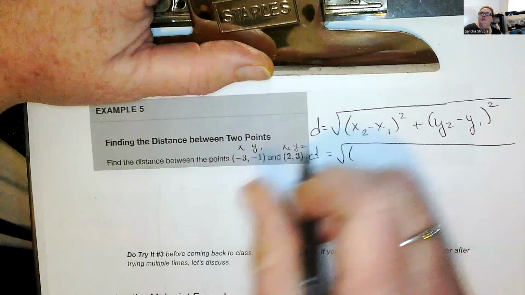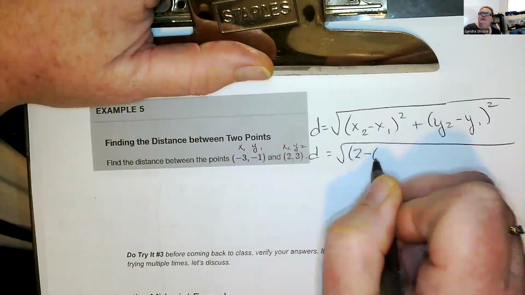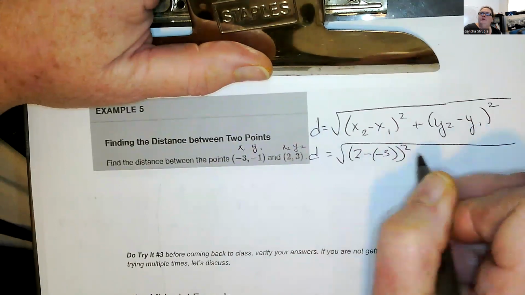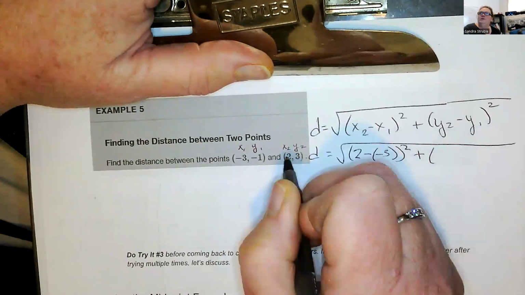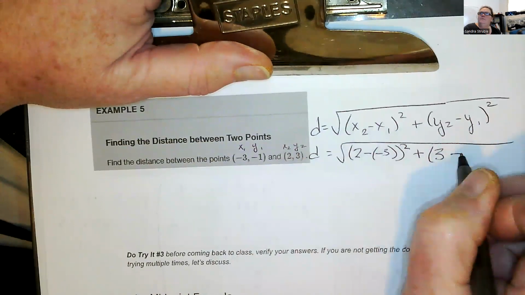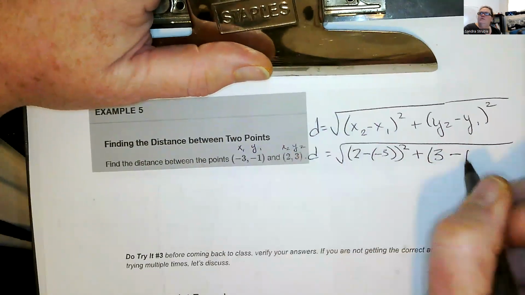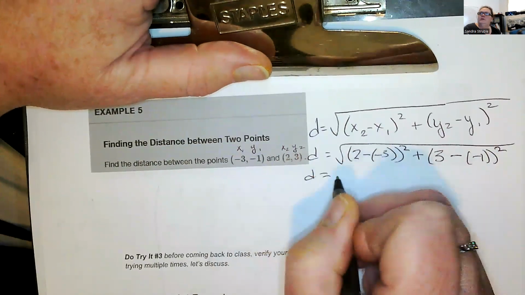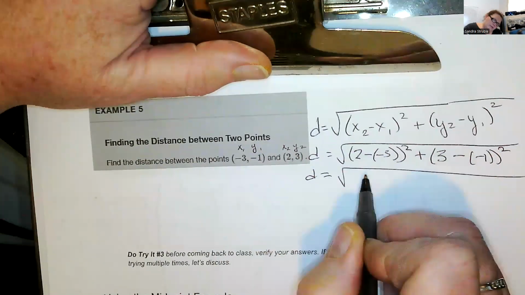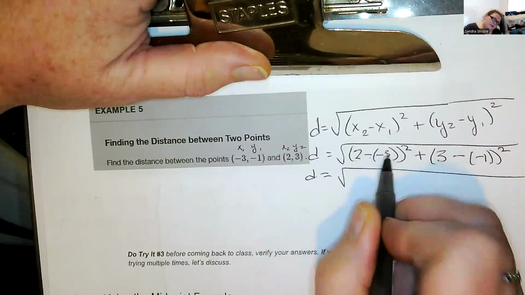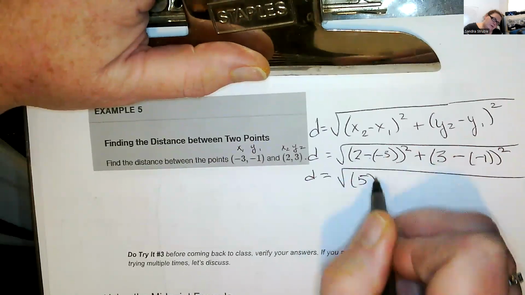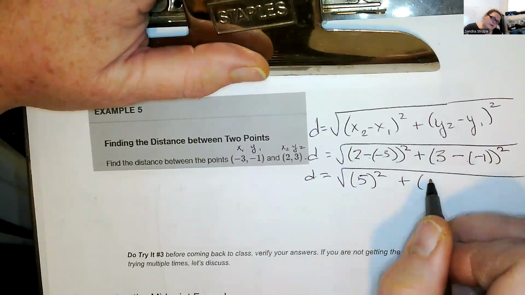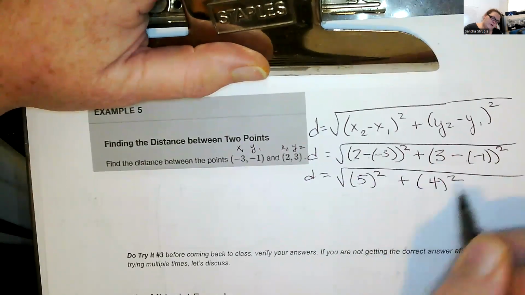So x2 is 2 minus a negative 3 squared plus y2 is 3 minus y1 is negative 1 squared. All right, so D equals, we've got 2 plus 3 is 5 squared plus 3 plus 1 is 4 squared.